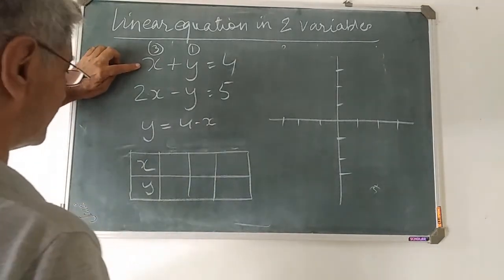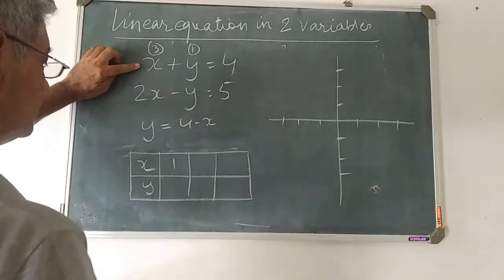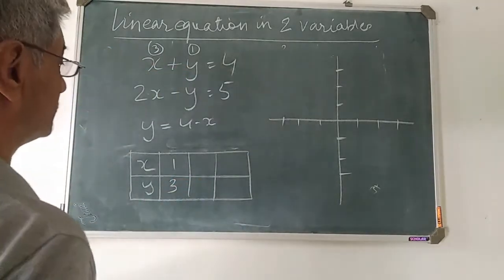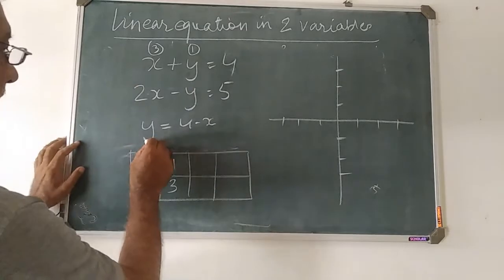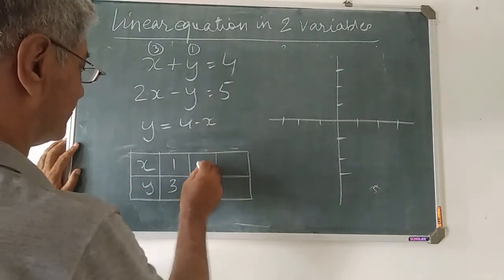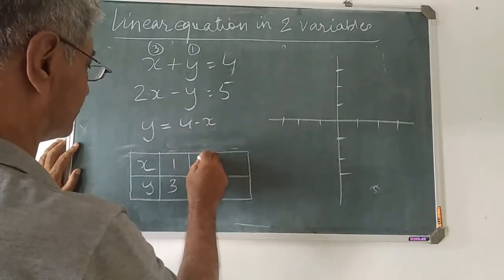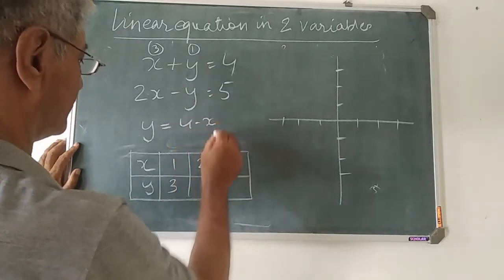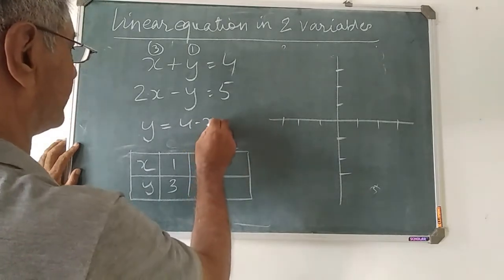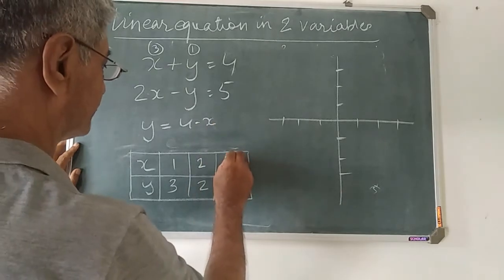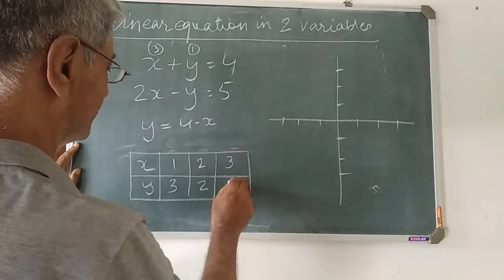Take x as 1, y will be equal to 3. From this formula, y is equal to 4 minus x. Now suppose x is equal to 2, so 4 minus 2 will be 2. Now we take x is equal to 3, so 4 minus 3 is equal to 1.